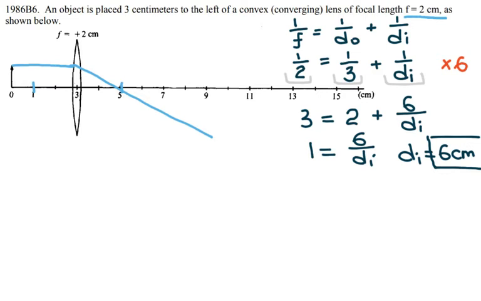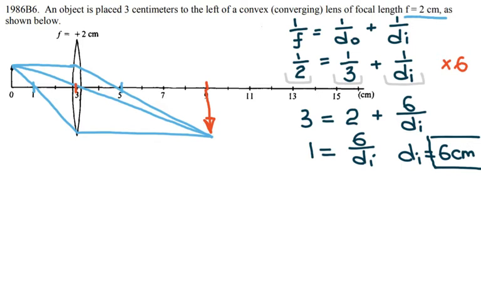Then I have to go through the center, and through the focal point, and then parallel. So it looks like my image is appearing somewhere right here. And if you count from where the lens is located at 3, then the image is appearing 6 centimeters away from the center of the lens.